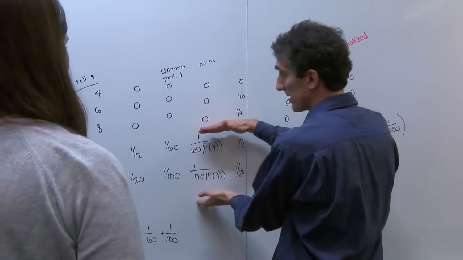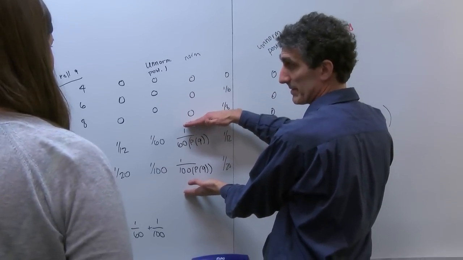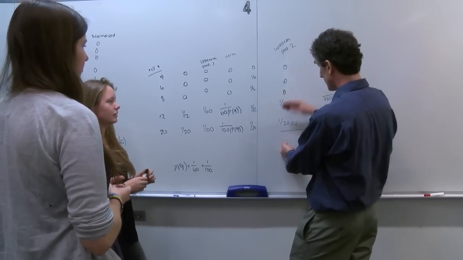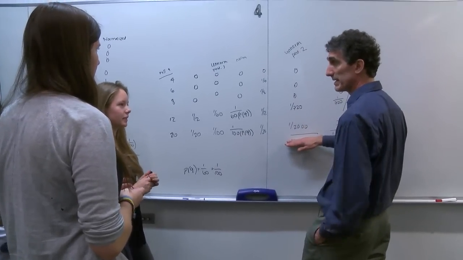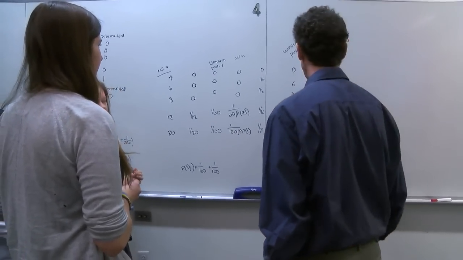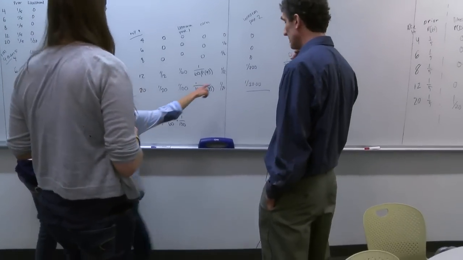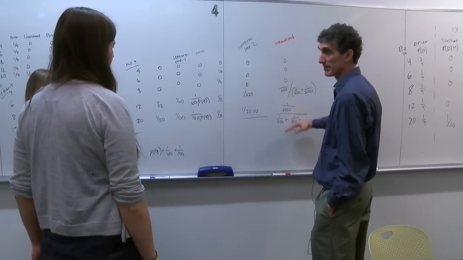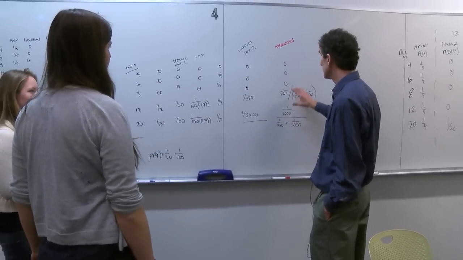And the unnormalized posterior is not a genuine probability. But if you use the normalized one, then that would be the total probability. That's exactly right. Yeah, this is now your posterior probability.